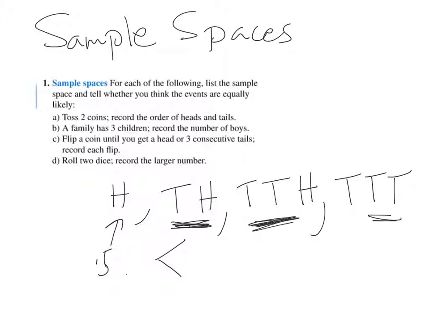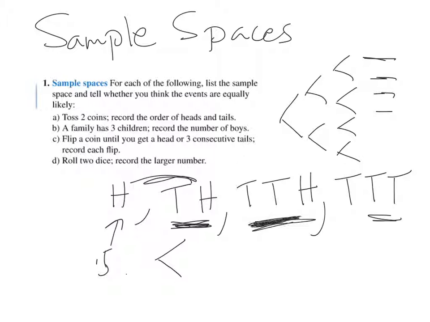However, with this one, this is back to that boy-girl thing, and if you scroll back and look at my tree diagram from a minute ago, there were 3 ways out of 8 to get 2 boys or 1 boy, 1 way to get 0 boys, and 1 way to get 3 boys. And this is that same situation. So even though these first 2 have the same probability, this kills it. We know there's only 1 out of 8 ways for that. So these are not equally likely.